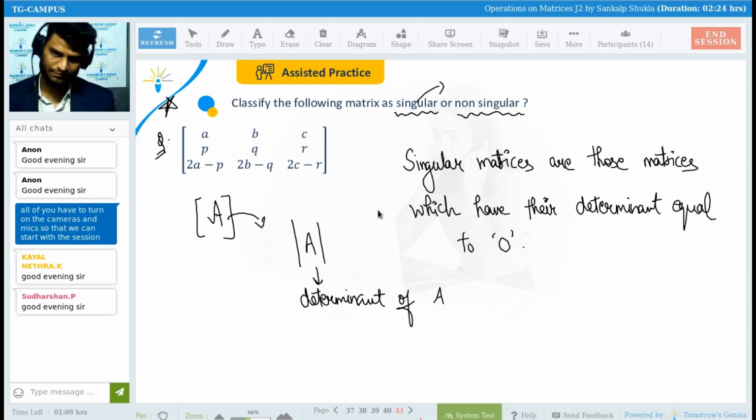Has anybody got the answer? Those who know how to find the determinant, just evaluate the determinant for that matrix, and if it is 0, then it is singular.